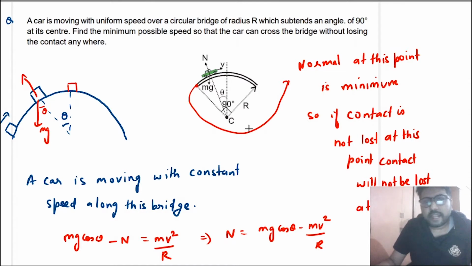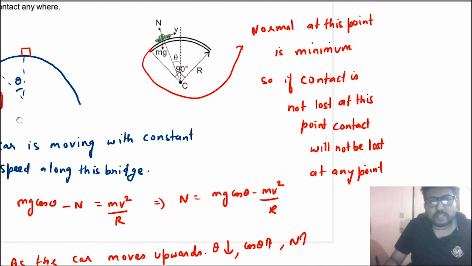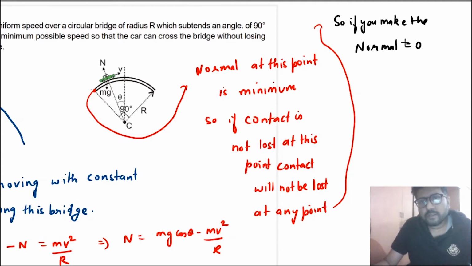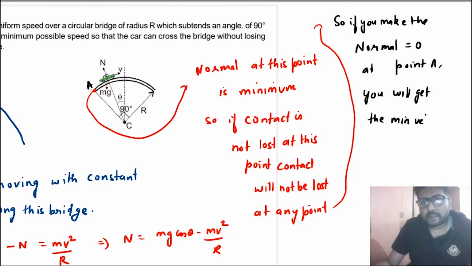So that means at this point you just make the normal 0. If you make the normal equal to 0 at this point A, you will get the minimum velocity.